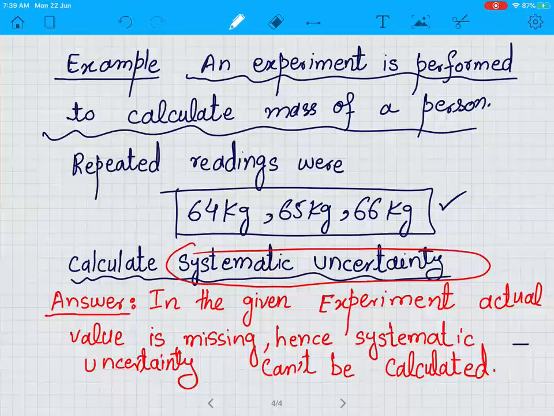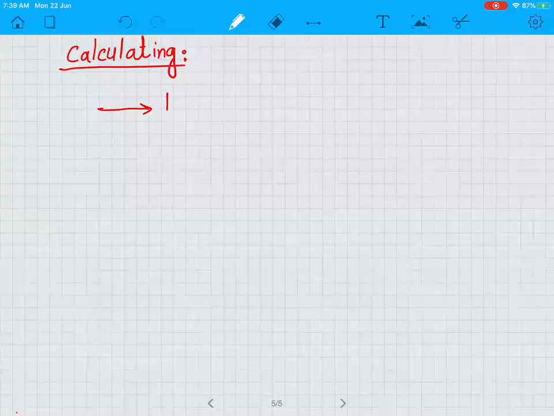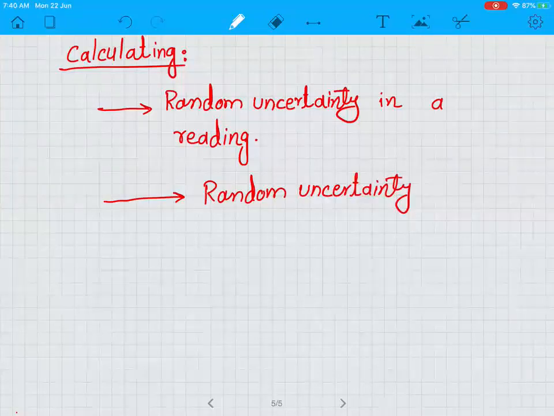Now, let's calculate random uncertainties. Calculating random uncertainty in a reading, and then calculating random uncertainty in a measurement.